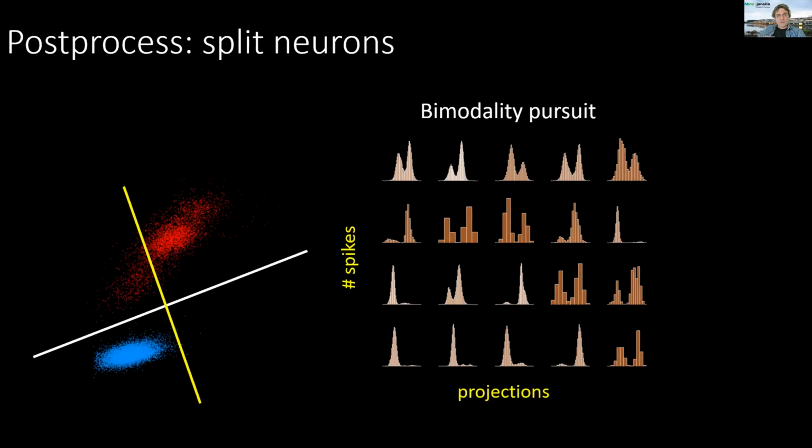This is an iterative hierarchical split of the data according to these directions that we find that are especially bimodal. Essentially, we maximize this bimodality criterion to push these distributions away from each other as much as possible. Finding those splits, we proceed iteratively until there are no more splits left. And that's essentially how Kilosort 3 works.